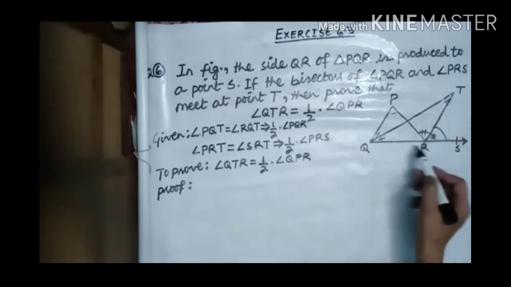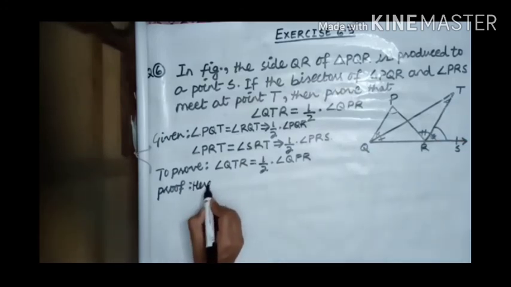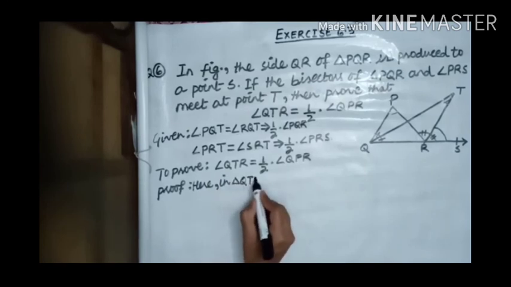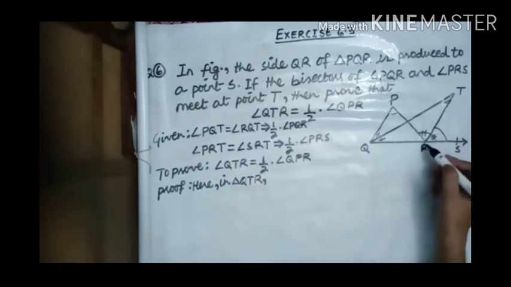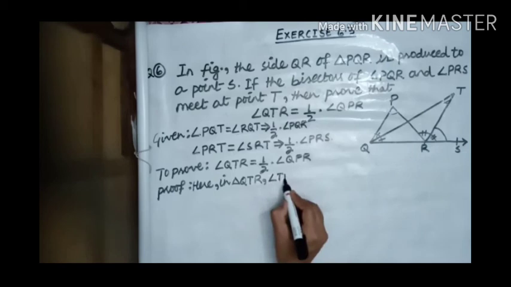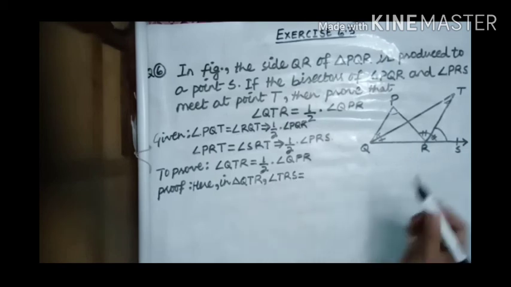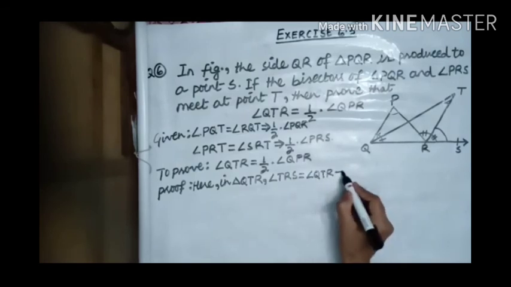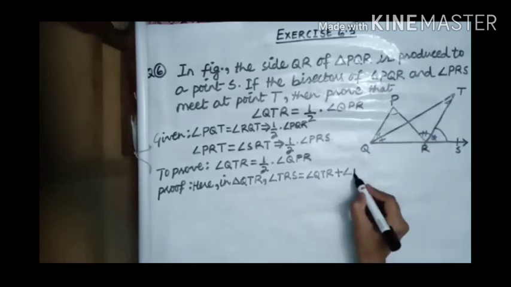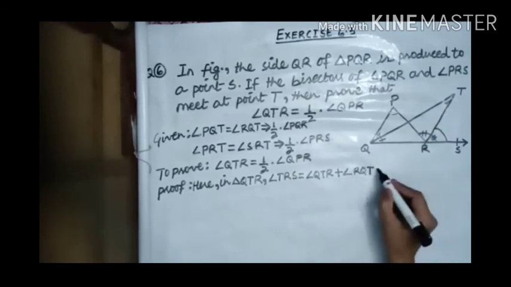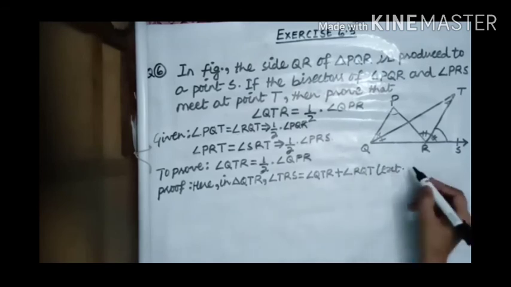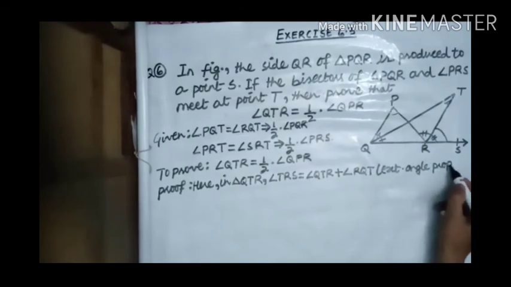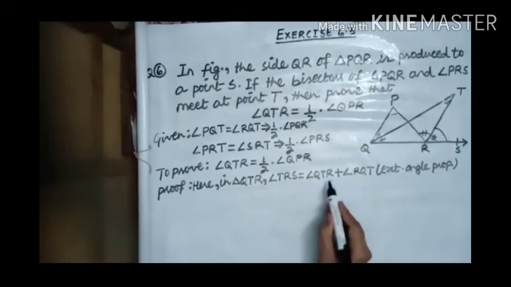So here in triangle QTR, this exterior angle TRS equals to angle QTR plus angle RQT. Reason: exterior angle property. Let's separate this angle QTR.